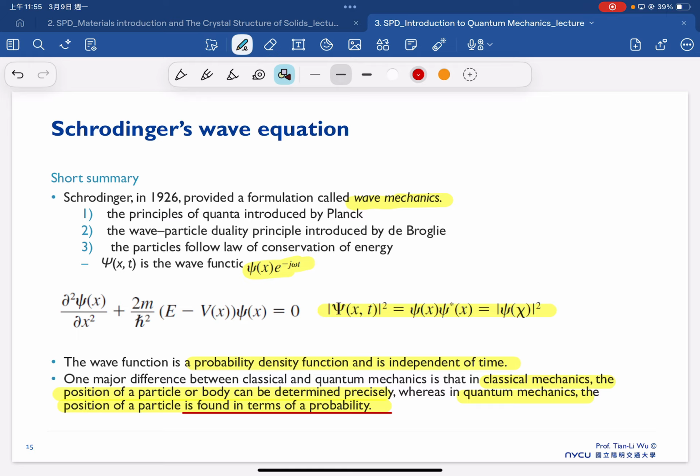This gives us the idea that once you have an electron moving in a certain semiconductor material, we can only estimate the position in terms of probability rather than precisely determine the location.